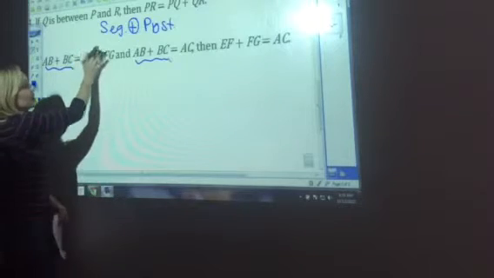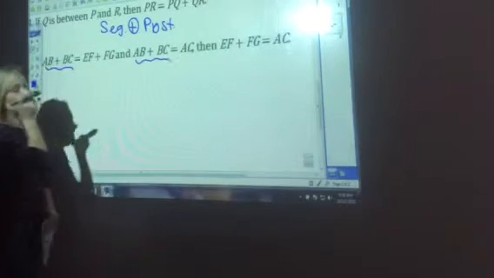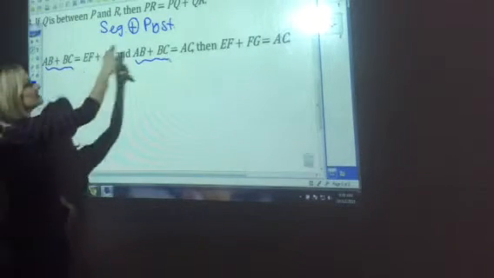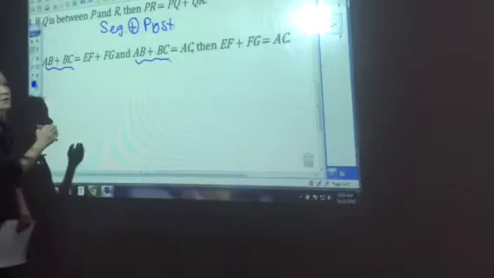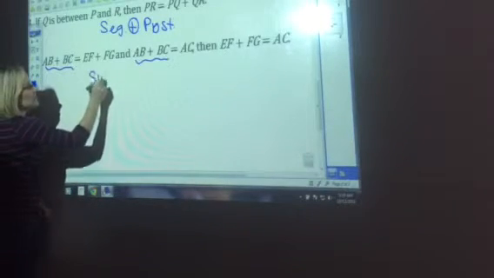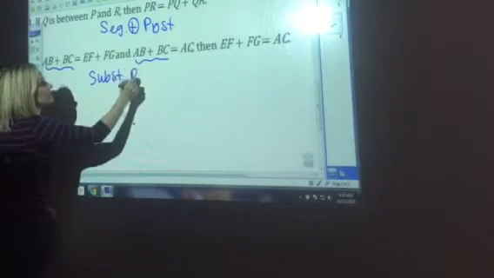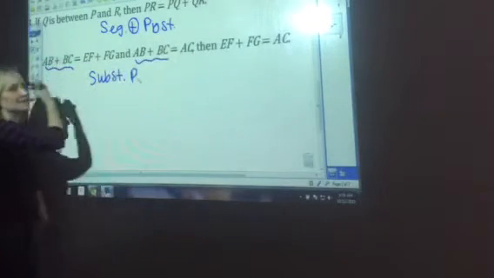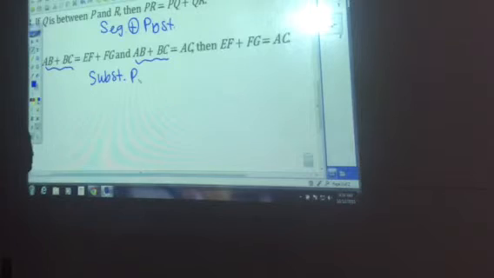Then you could say that this was equal to that. This is actually just the substitution property, because they don't have it written where this is written again, so it's not going to be transitive. So if AB plus BC is equal to two things, then we can set them equal to each other. It's just the substitution property.